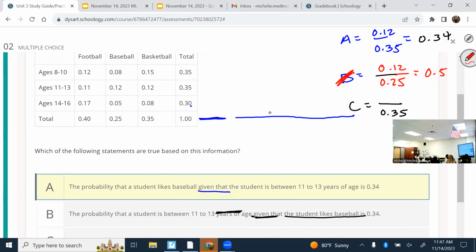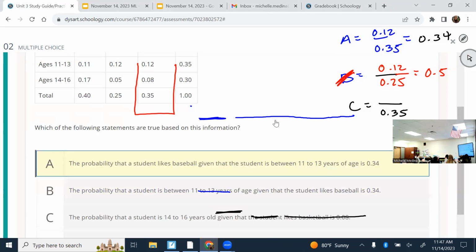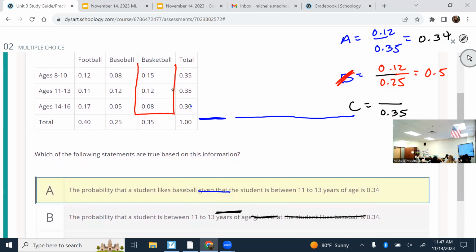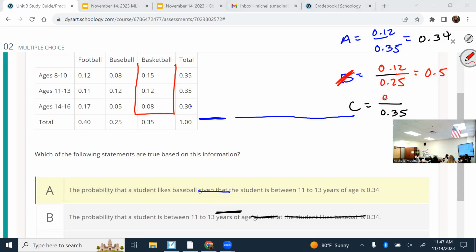So then out of these kids that like basketball, the question was the probability that they are also 14 to 16 years old. So what number would be for the 14 to 16-year-olds? 0.08.